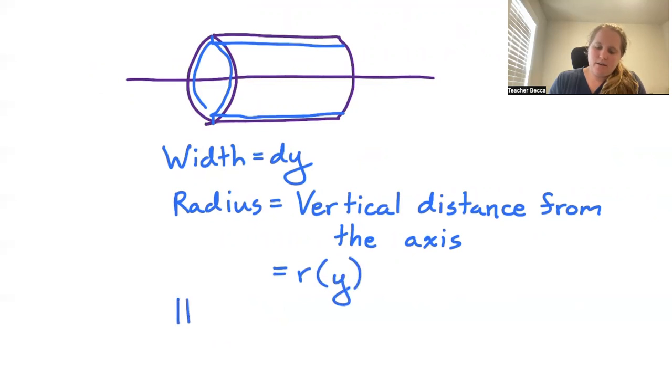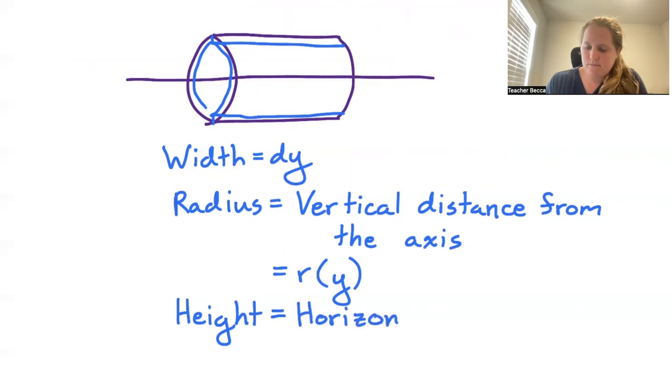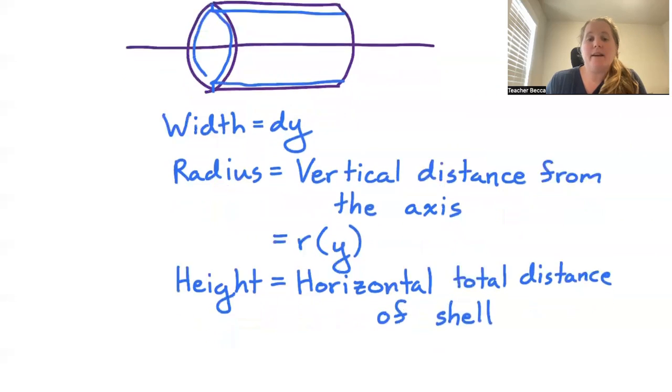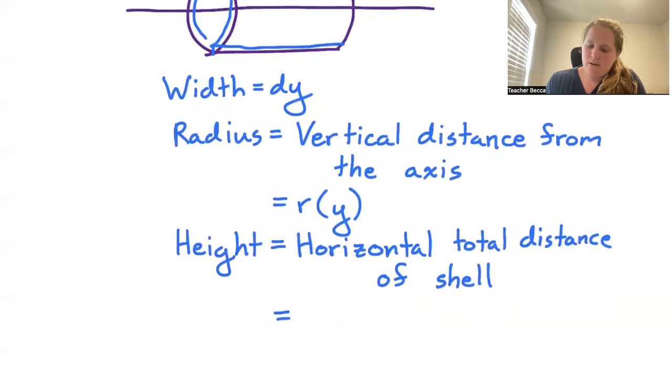And then our height will be the horizontal distance, so essentially the horizontal total distance of the shell. Again, our height has to be a function of y since we're working with dy.